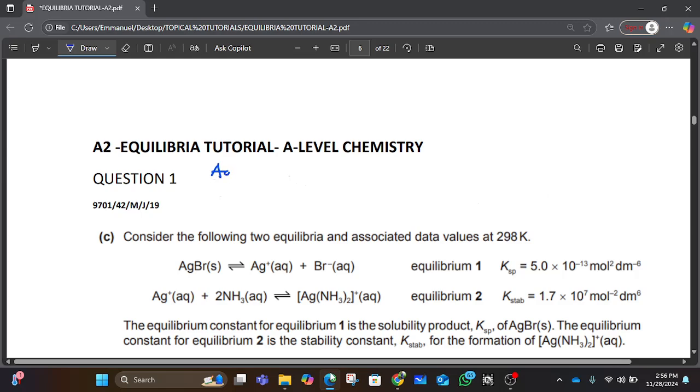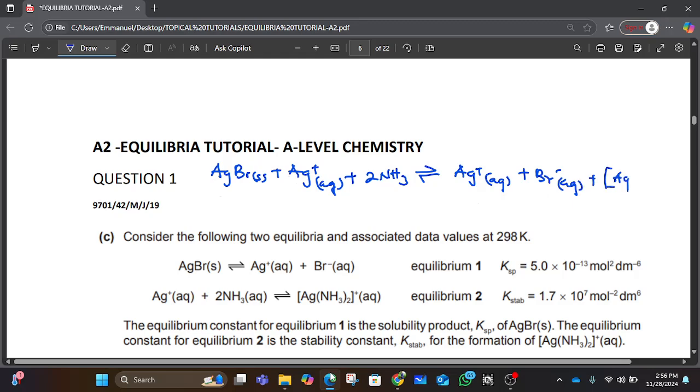So we have AgBr solid plus Ag plus aqueous plus 2NH3 giving Ag plus aqueous plus Br minus aqueous plus the complex Ag(NH3)2 plus aqueous.